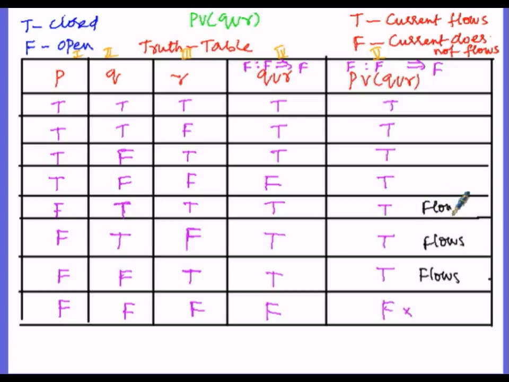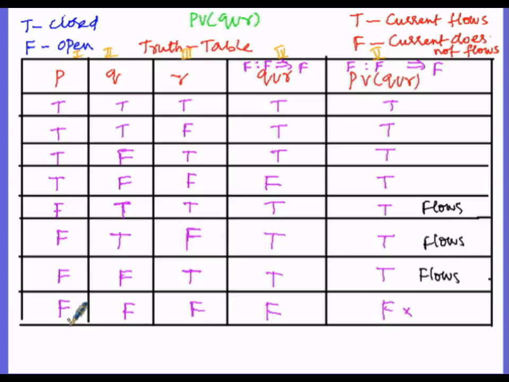So in this case the current does not flow, and in all the remaining cases the current flows. So here we can write it as: current flows in all the cases except the case where the switches, that is P, Q and R, are F, F and F, that means P, Q and R are open.